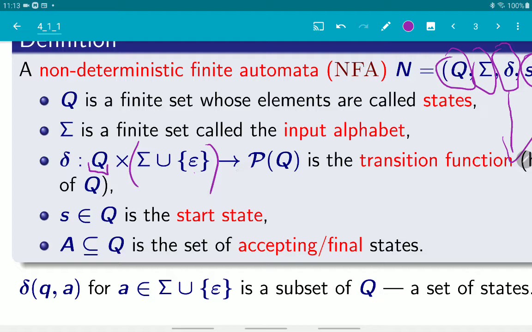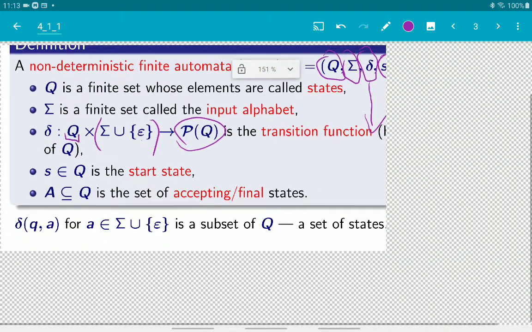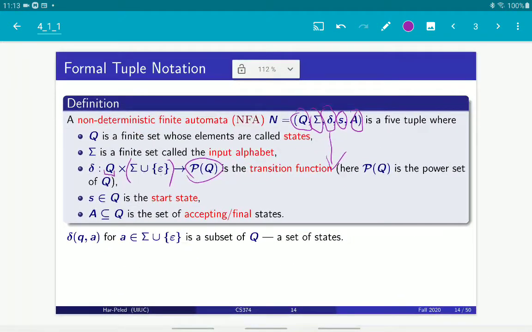So instead of the transition being into a state like in a DFA, now we are moving into the power set of the states, right? So from every state and every input character, the NFA might move to a set of states that it might be in after handling this input. And importantly, as I just said, the transition function outputs a set of states instead of just a single state.